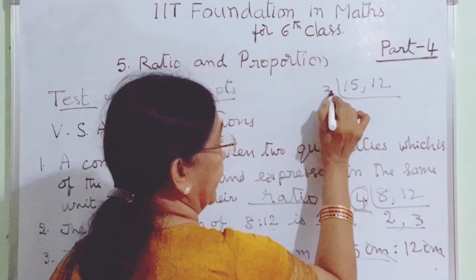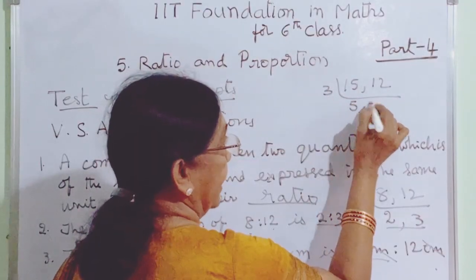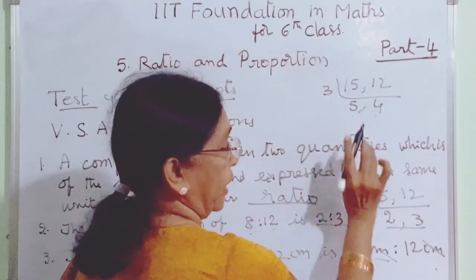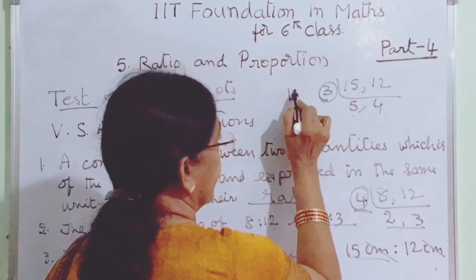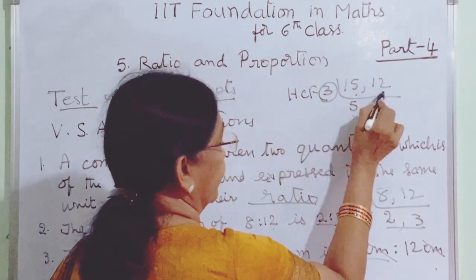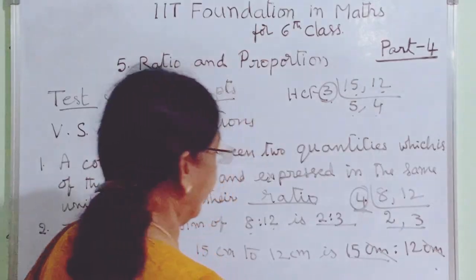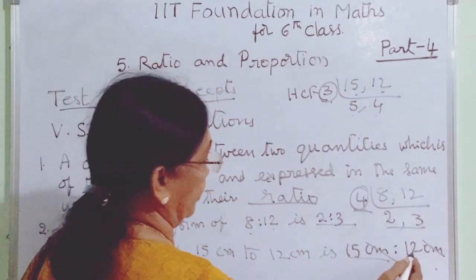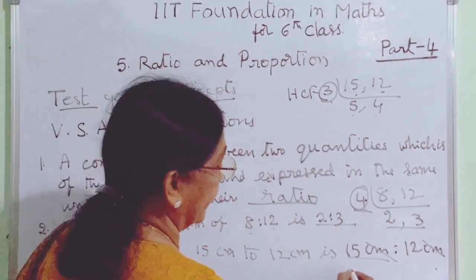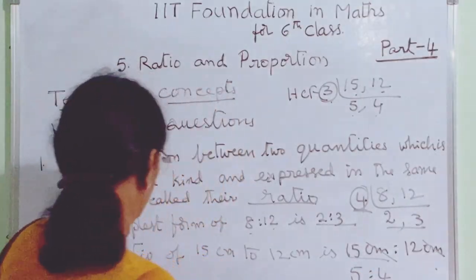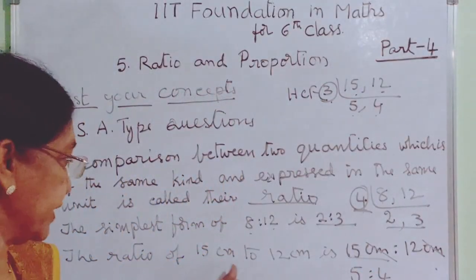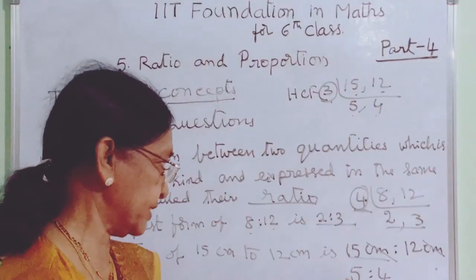Both are divisible by 3: 3 5s are 15, 3 4s are 12. These two are not divisible by any common number. Therefore the HCF of 15 and 12 is 3. Dividing 15 and 12 by 3, we get 5 and 4. Therefore the ratio of 15 centimeters to 12 centimeters is 5:4.